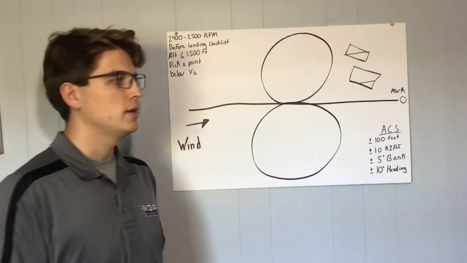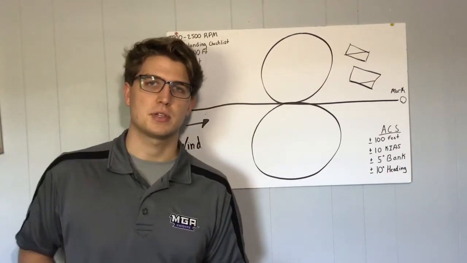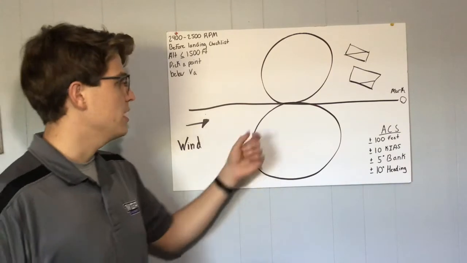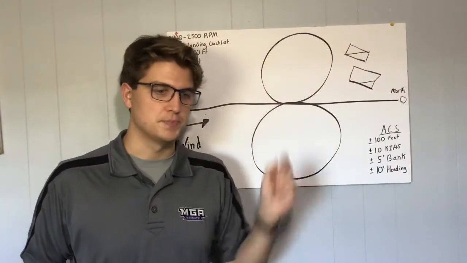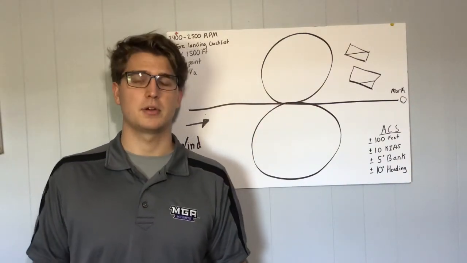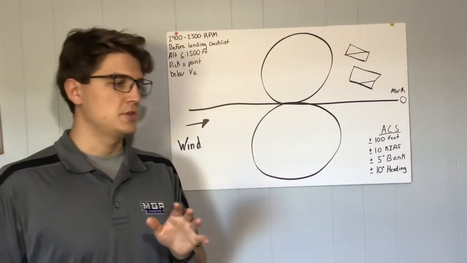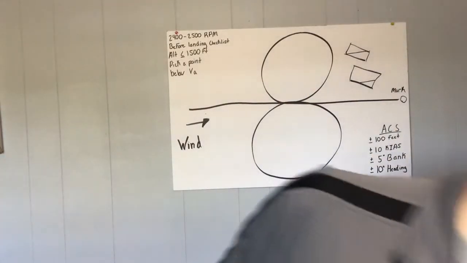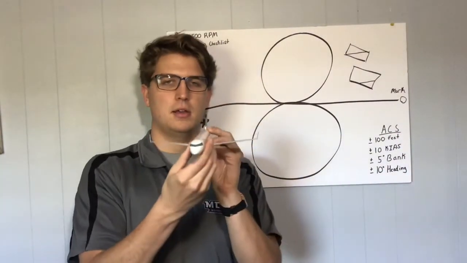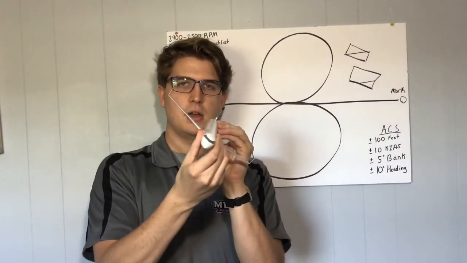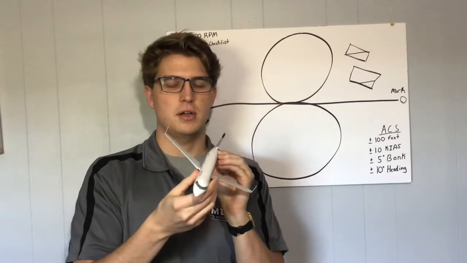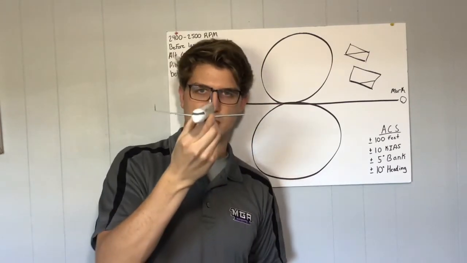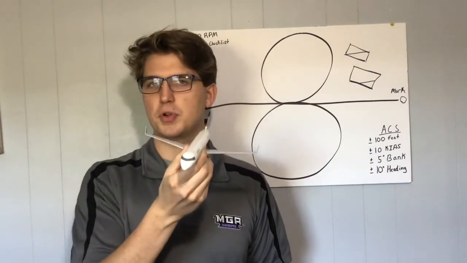Now, a lot of these errors can be avoided pretty much at the very beginning of your turn. Like I said earlier, when you start the bank to 45 degrees, you're going to start losing altitude as soon as you reach about 30 degrees.